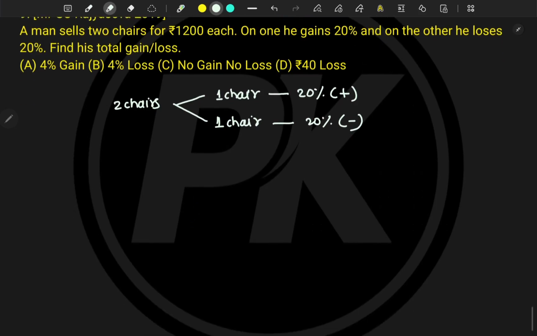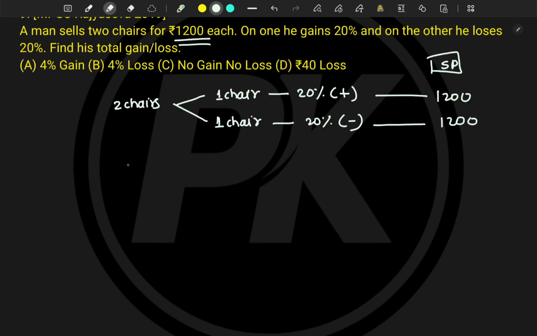Let's say, he is selling at 1200 rupees, so that value is given. So the selling price is 1200. This is also 1200. Now this is the selling price. Now tell me, with this combination, can you find out the cost price? Obviously you can, right?